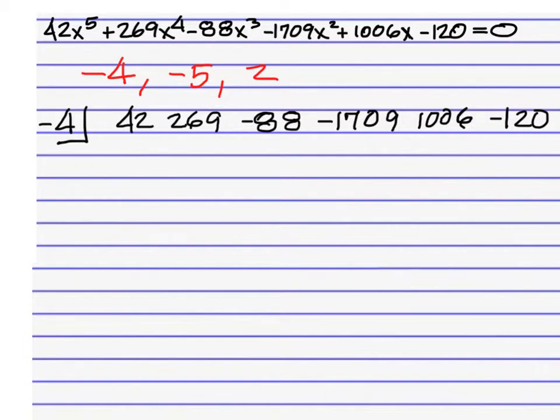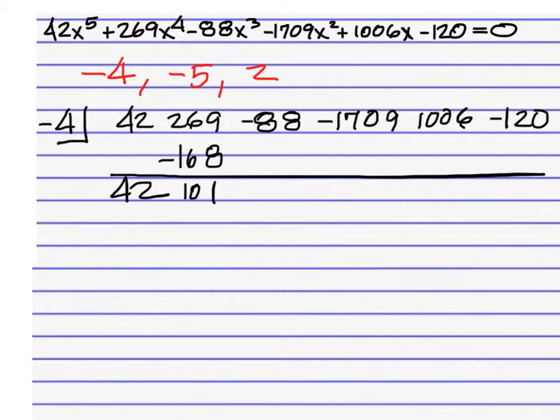There's the 42, and we're going to multiply negative 4 by 42 and come up with negative 168. And add to that 269. Come back with 101. Multiply 101 by a negative 4 to get negative 404. And negative 404 plus negative 88 is negative 492.